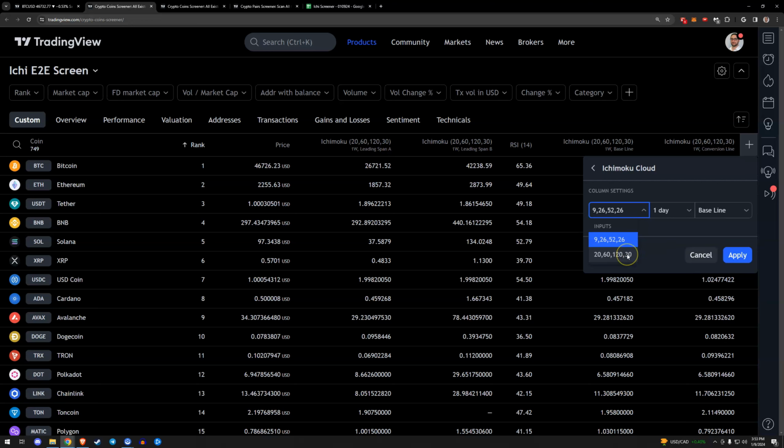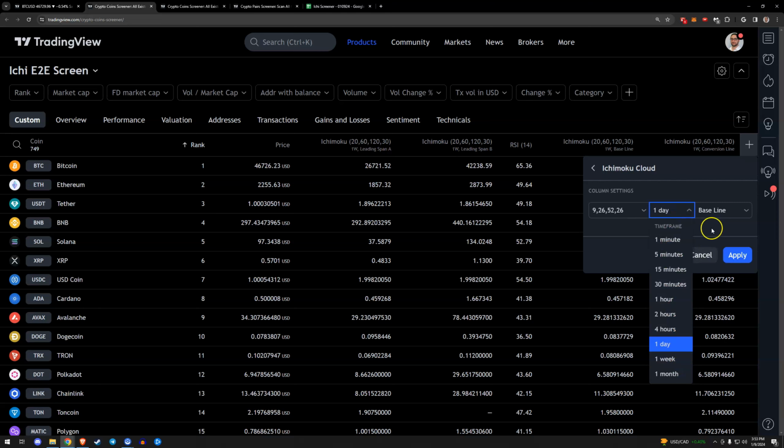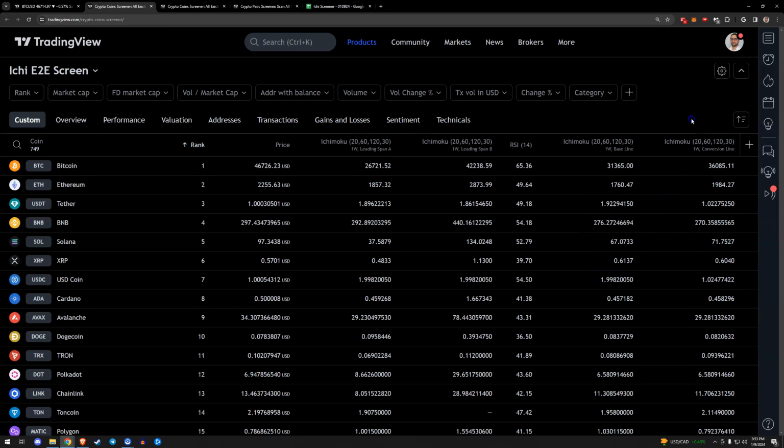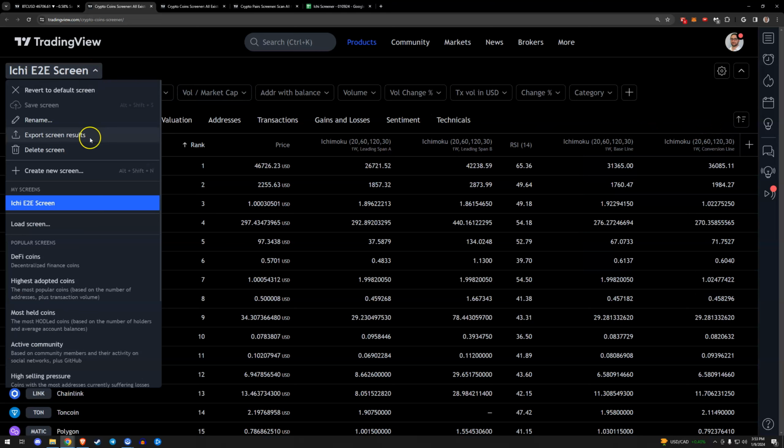I don't know if they added this as a default or if it's based on my account, but in any event, you want 20, 61, 20, 30, you want the weekly time frame, and then add all 4 of these to the chart. You probably need a paid account for this, by the way. I'm not sure exactly.